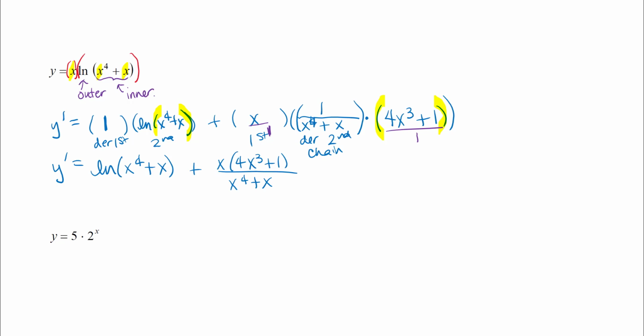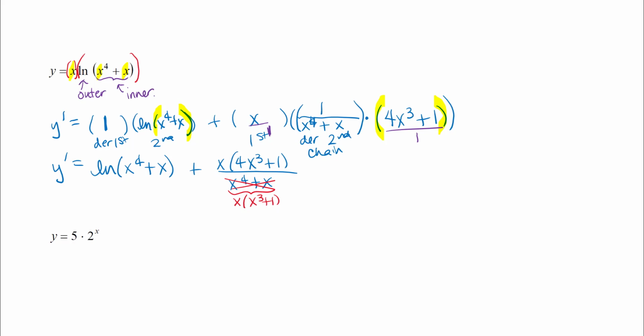The only other simplifying I could do is I might notice that on this last fraction I have a common factor of x on the denominator, and so this x to the fourth plus x, I could factor an x out of that. So I'm just going to factor it and write that right below there. I didn't cancel anything, I just replaced that denominator with it in its factored form.